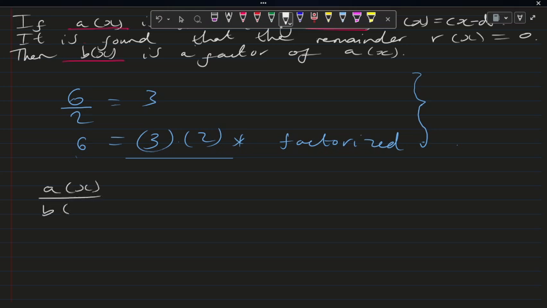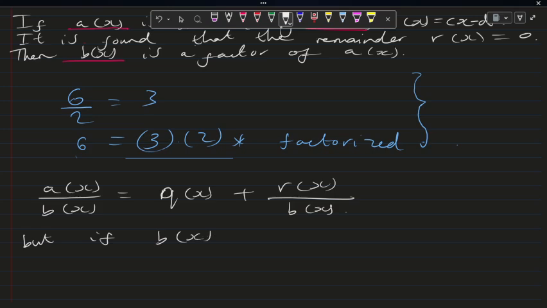So when we started the section, we said that a of x over b of x is equal to q of x plus r of x over b of x.